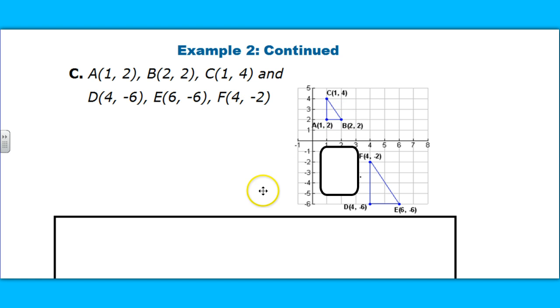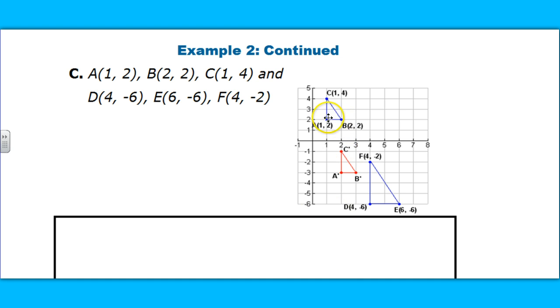Interesting. And so it looks like we have more than one transformation taking place. There's a dilation, right? Looks like a factor of 2. And yet when we multiply by 2, we don't get here. So there had to be a second transformation. And what happened was we have a translation.